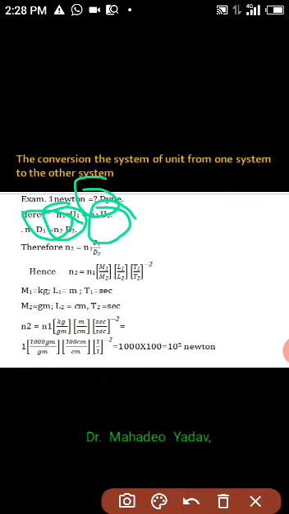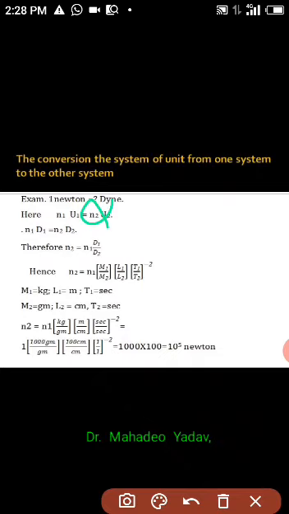At the place of question mark, it is N2. So we have to find the value of N2. N2 is equal to N1 D1 by D2.